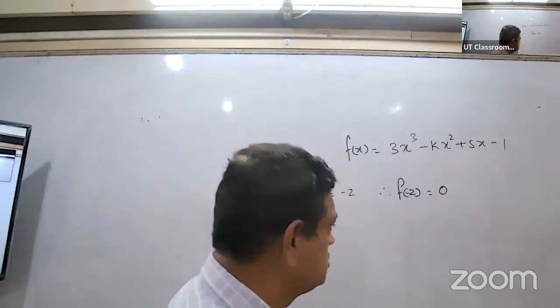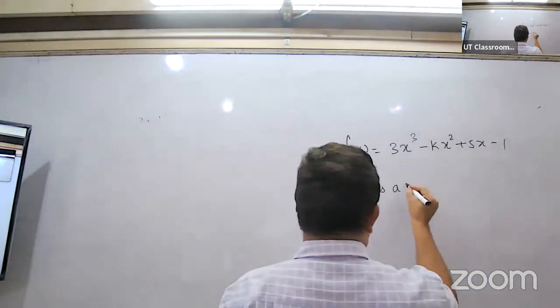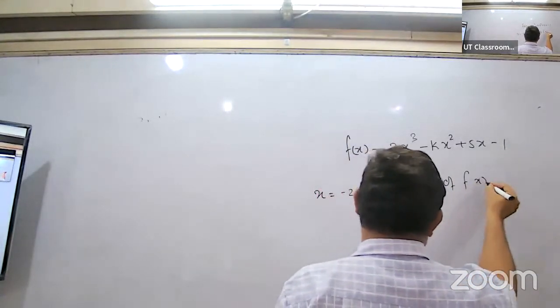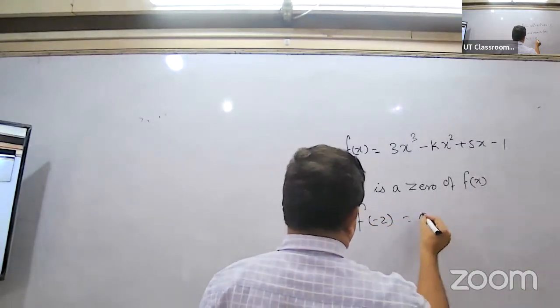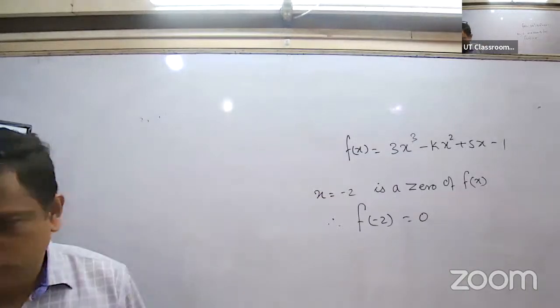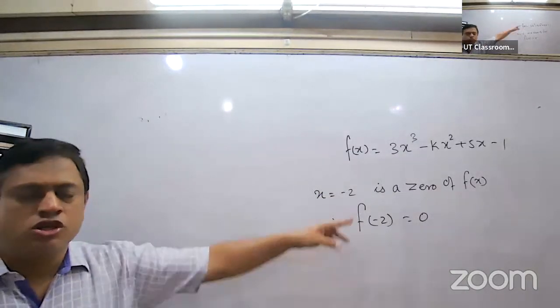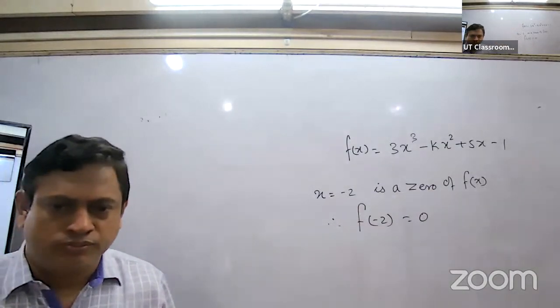Therefore, f of minus 2 is equal to 0. So replace x equal to minus 2 and equate to 0, you will get the value of k.